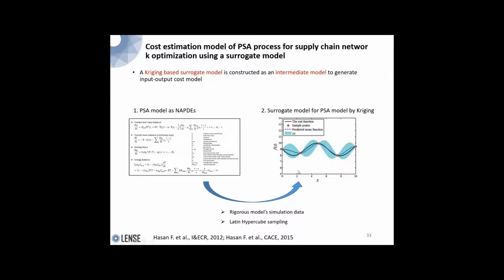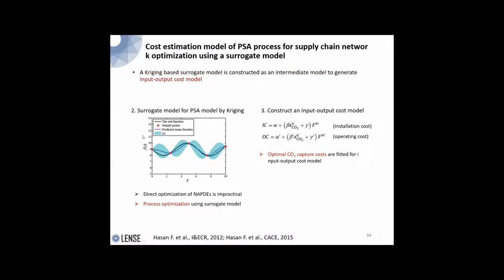So they used the kriging and Latin hypercube sampling, and they created this surrogate model. And then using this surrogate model, they could perform the optimization, because they couldn't do the process optimization directly on these nonlinear algebraic PDEs.